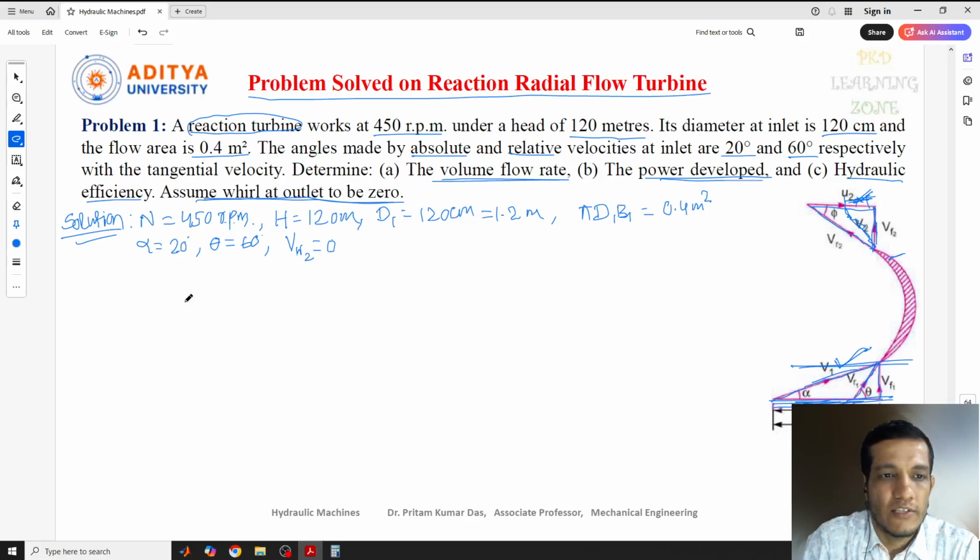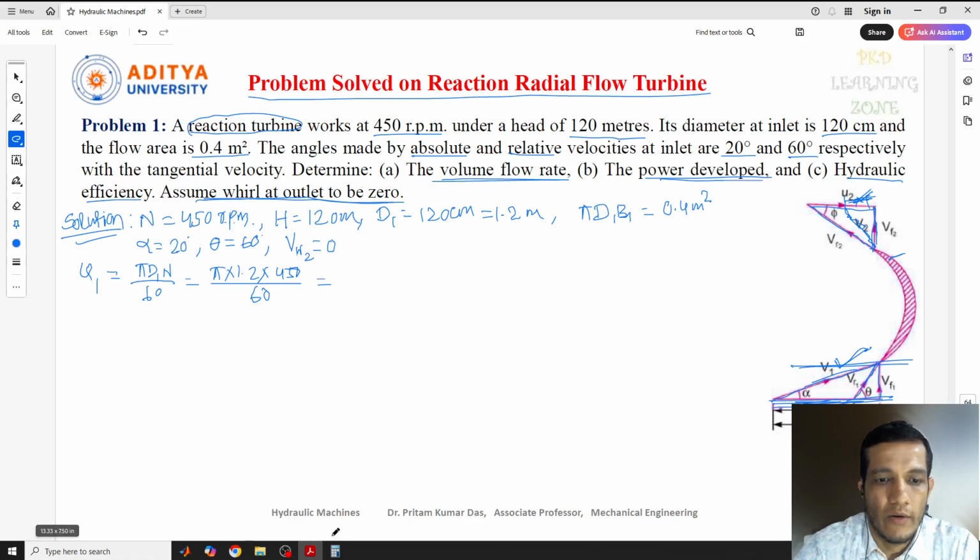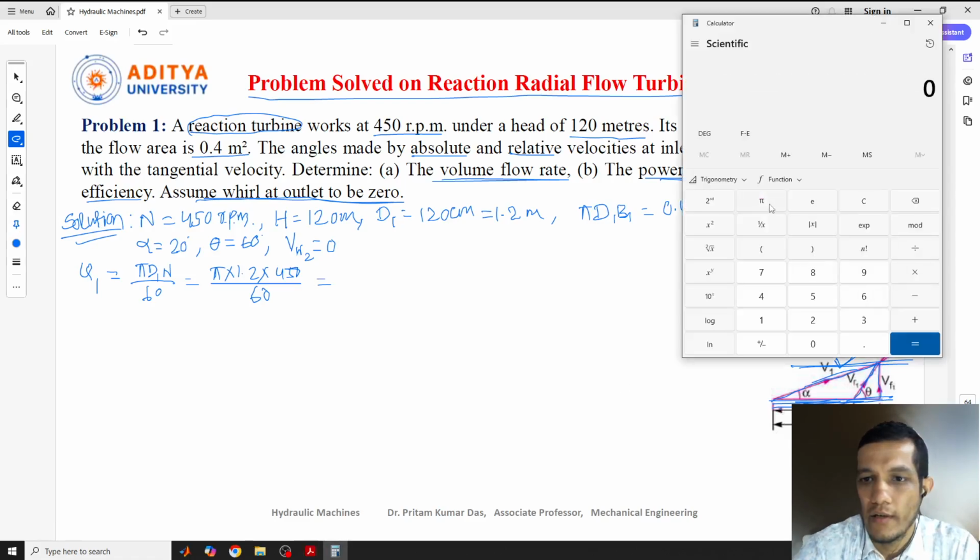At the starting, I'll first find out the tangential velocity. The tangential velocity formula, we know that U1 equals pi D1 N by 60. So here we can write pi, 1.2 and N is 450, divided by 60. Now this one we need to calculate with the help of a calculator.